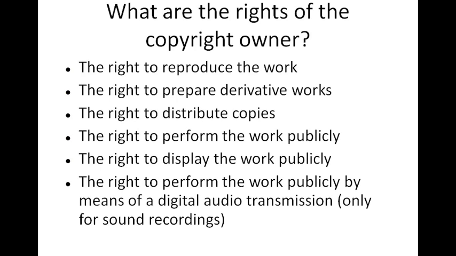There is a sound recording right that's additional to these, which is the right to perform the work publicly by means of a digital audio transmission, but that doesn't apply to most people. So those are essentially the 5 major rights, plus that 6th one: the right to reproduce, derivative works, copies, perform, and display. And this will come up later when we're talking about what's an infringement.